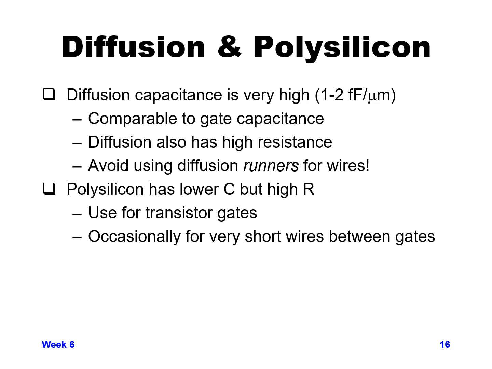And for that reason, you should pretty much always try to avoid using diffusion as a wire or a connection layer. It really doesn't work well using diffusion as a connection layer.